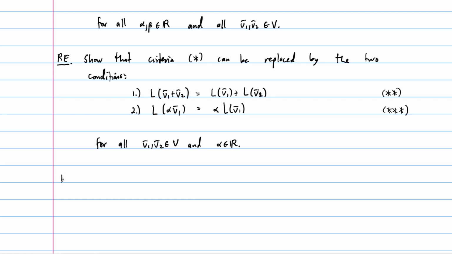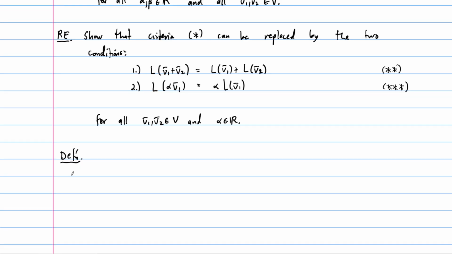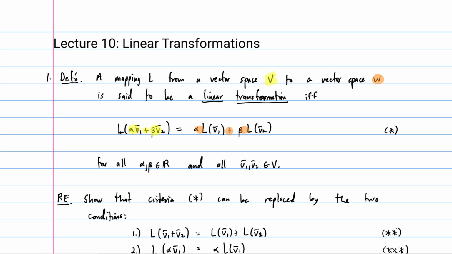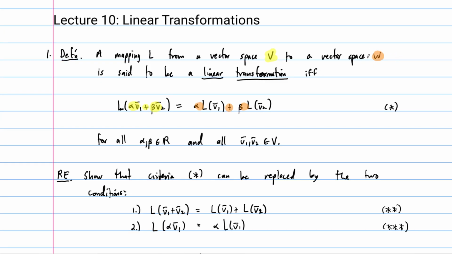Okay, one more definition, just some vocab really. I said up above that in general, our linear transformations can have a domain of V and a codomain of W. So they can map vectors from one vector space to a completely different vector space. And we'll look at examples of linear transformations that do this very soon.